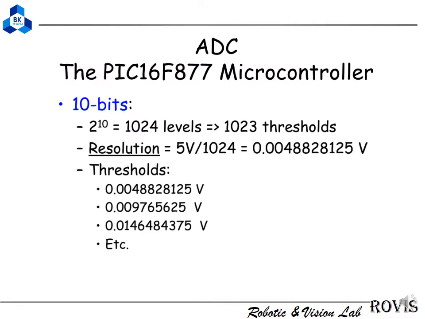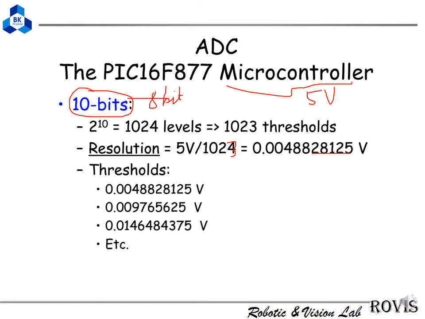So our PIC has a 10-bit mode and an 8-bit mode. Normally we will use 10-bit mode because it has more resolution. When we use 10-bit mode, and the maximum voltage of our PIC is 5 volts, the resolution is 0.0048 volts.